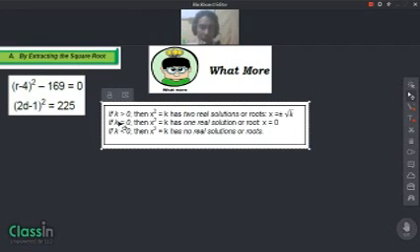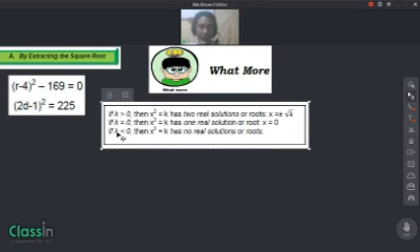Then if k is equal to 0, then x squared equals k has one real solution or root, and x is equal to 0. So the value of x is also 0. Now if k is less than 0, then x squared equals k has no real solutions or roots.